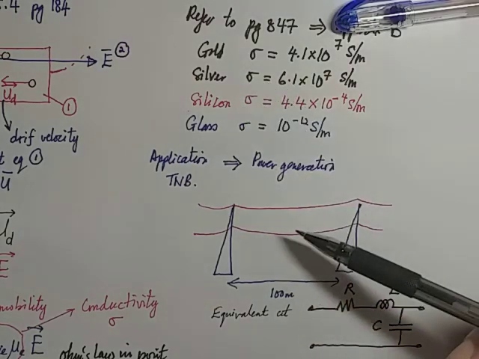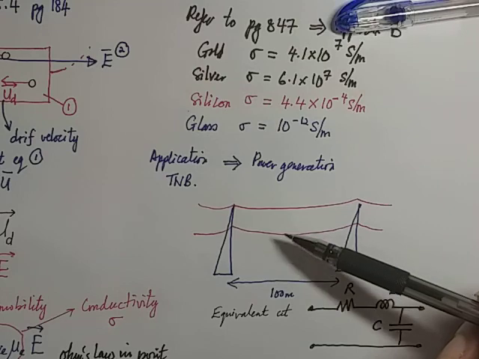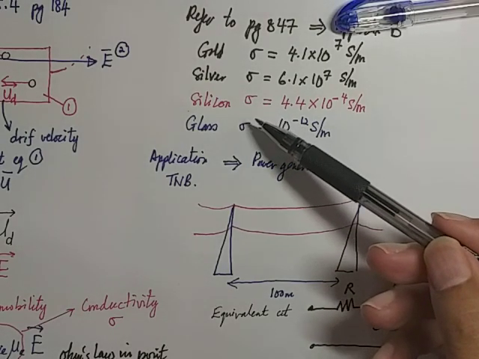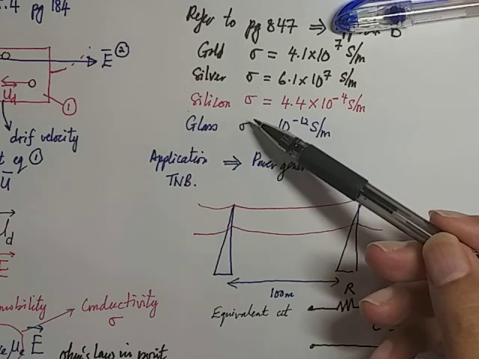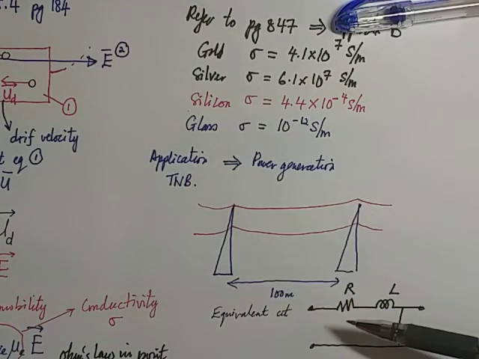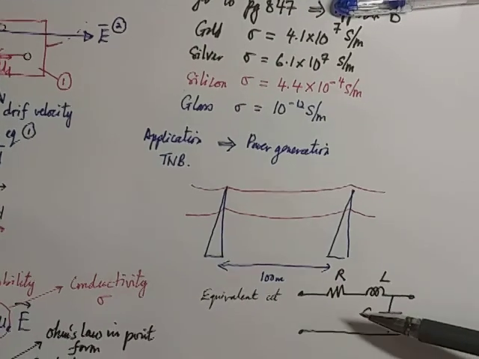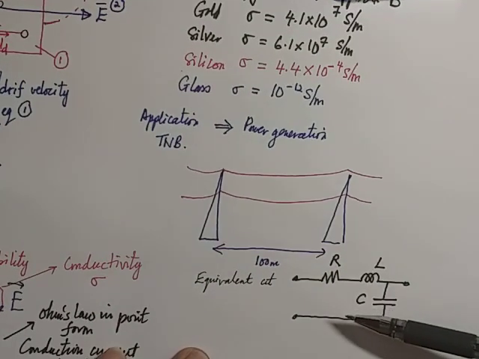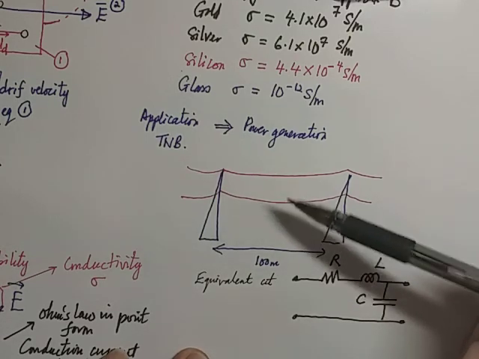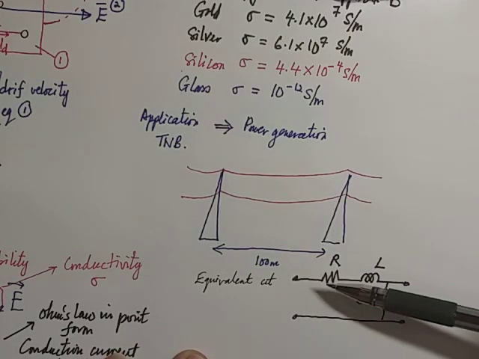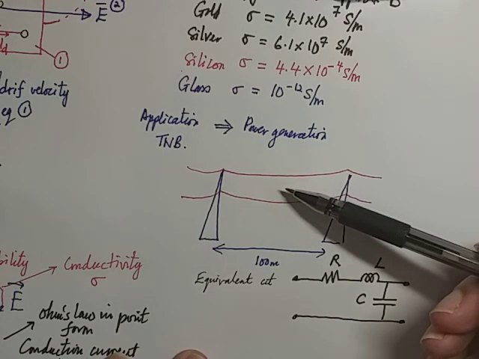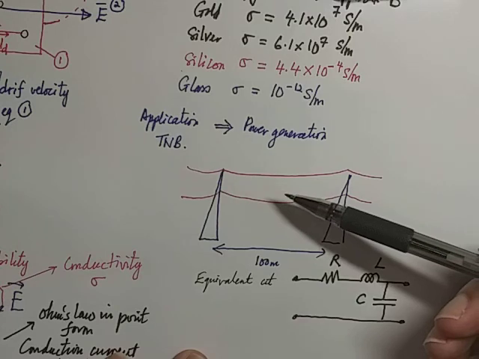Because we are using conductor material, that situation introduces a parameter known as resistance. So the resistance appearing here is not because we are placing a resistor in the circuit. No, it is here because we are using a cable made of conductor.